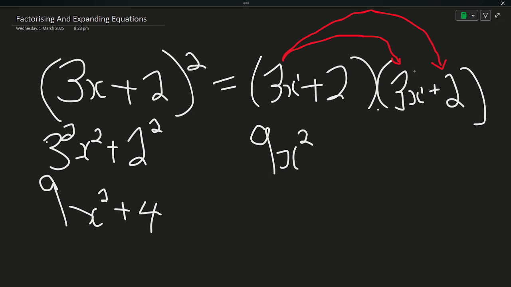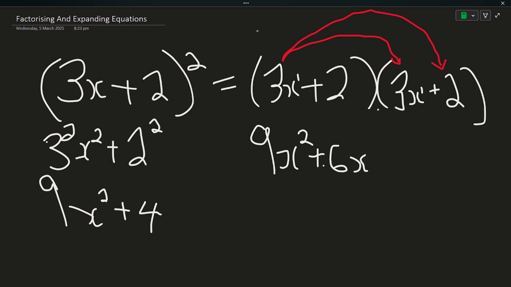And then the next expression is 3x times positive 2. So 3x times positive 2 is plus 6x.